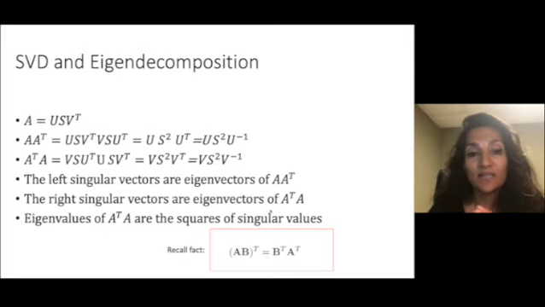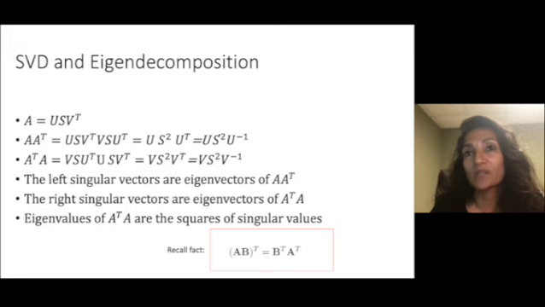Here is actually the connection between SVD and eigendecomposition. Suppose you have a matrix A and you can singular value decompose it as U, S, V transpose. Look what happens when we multiply A by A transpose. We get a V times V transpose here that drops out to an identity. So you have U, S squared times U transpose.